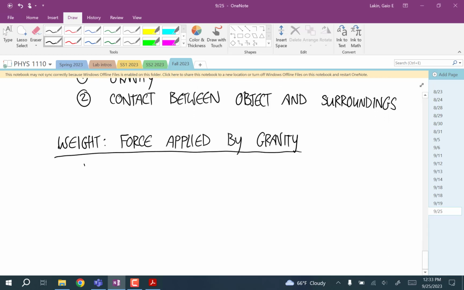Okay? And now, then we're going to think, is there any way we can figure out what that force is? Okay, so can we figure out what the weight force is? And so what we're going to do is think of a 1 kilogram object that's in free fall.